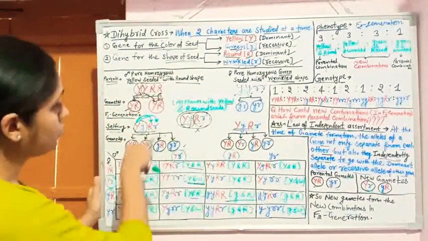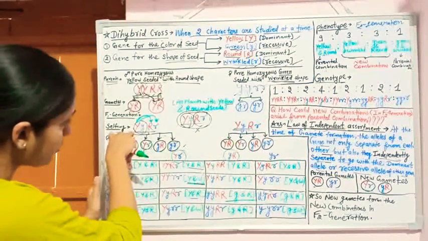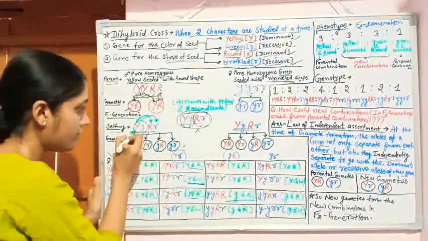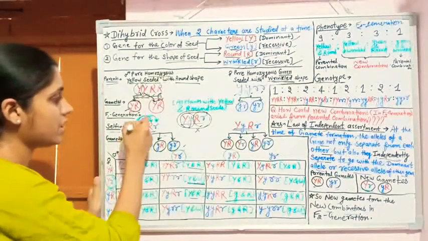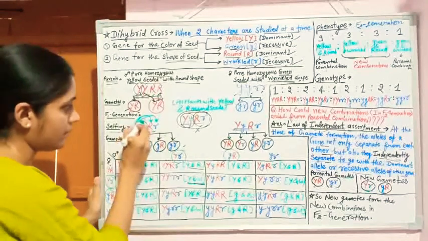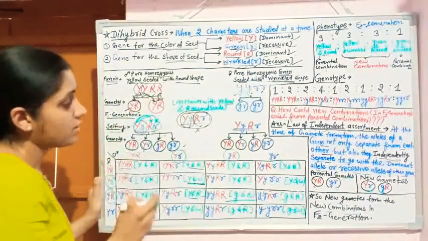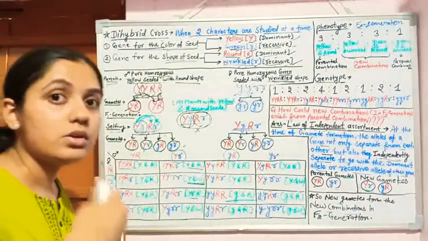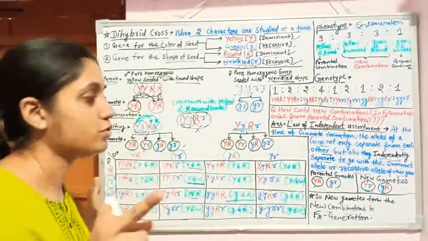So due to gamete formation between one dominant allele of a gene and the recessive allele of the other gene, this capital Y and small r, the new gametes are formed, and due to these new gametes, the new combinations are formed in the F2 generation.